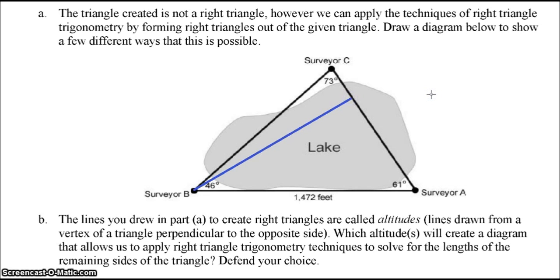So, for example, if we use this one, now in this bottom right triangle we have this long side that we know, and we have these 2 angles that we know. Well, this one's 61. This one won't be 46 because we've cut that 46 degree angle in pieces.